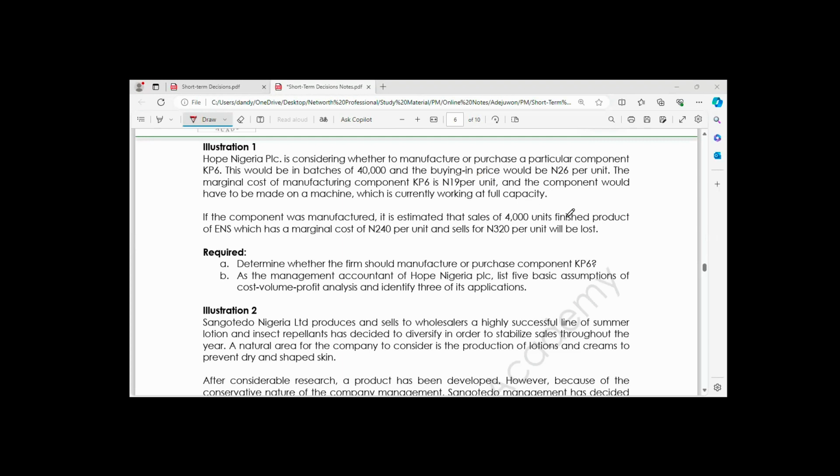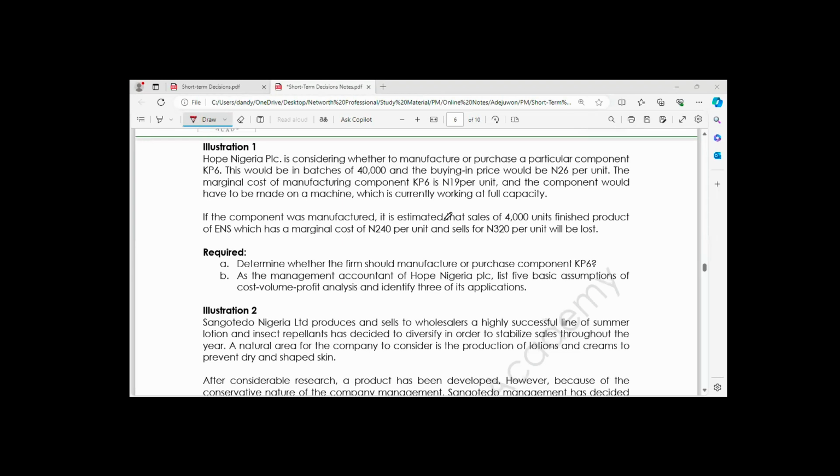Hope Nigeria Limited is considering whether to manufacture or purchase a particular component, KP6. This would be in batches of 40,000, and the buying-in price would be 26 naira per unit. The marginal cost of manufacturing component KP6 is 19 naira per unit, and the components would have to be made on a machine which is currently working at full capacity.